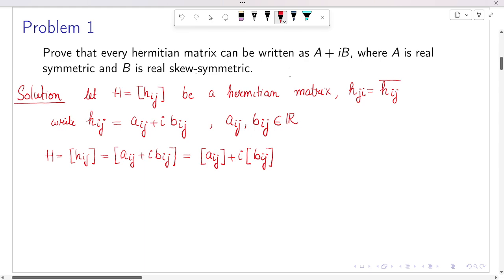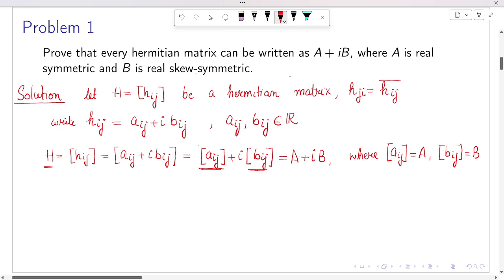Let us write this matrix as matrix A and this matrix as matrix B. So we have written the matrix whose ijth entry is Aij as A and the matrix whose ijth entry is Bij as B. So we have expressed this matrix H as A plus iota B.